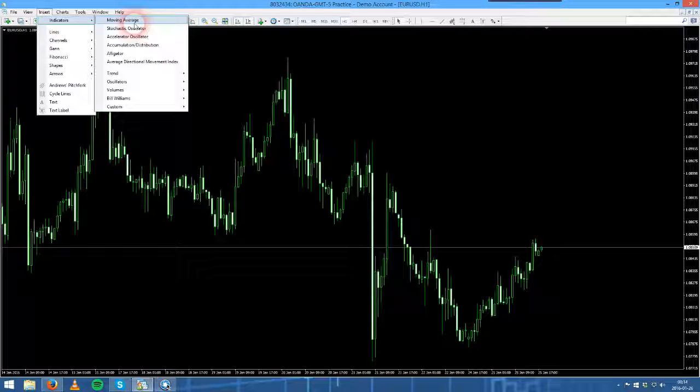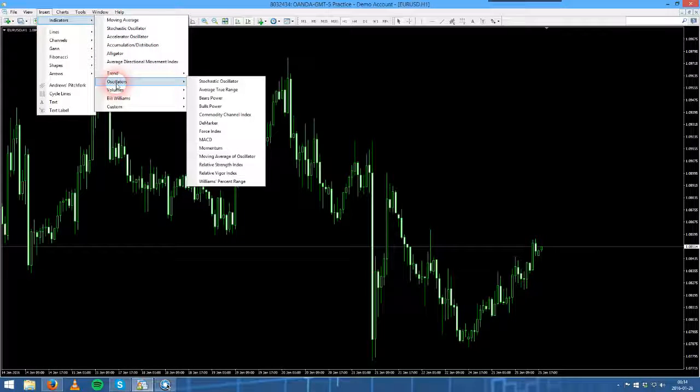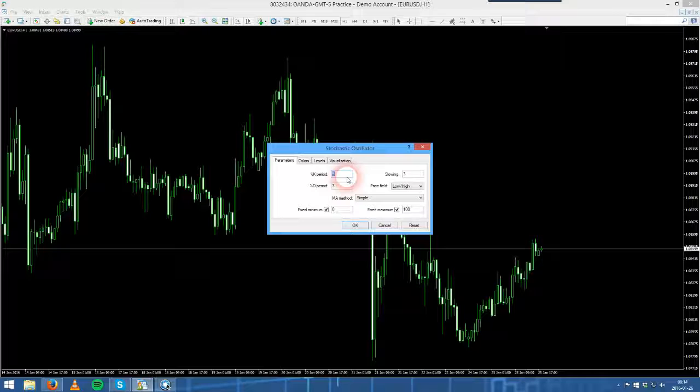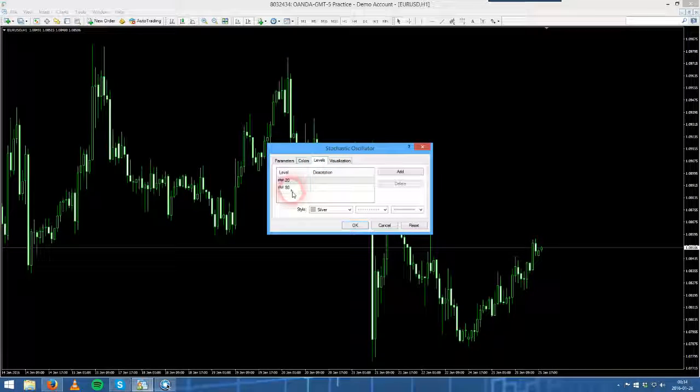Insert indicators, and my favorite is oscillators. So pick stochastic oscillator, and I like the 5, 3, 3, so I don't change anything here. However, levels, if you don't already have them preset, choose 20 and 80.